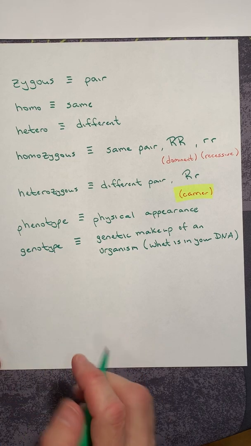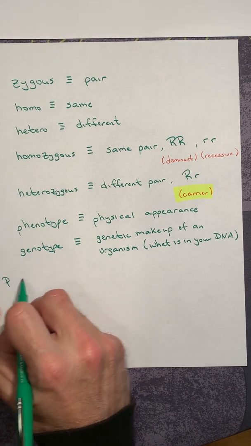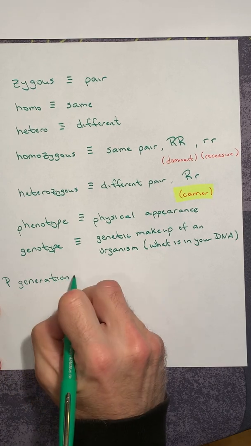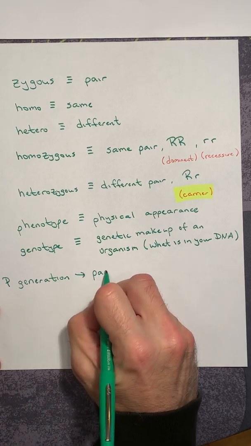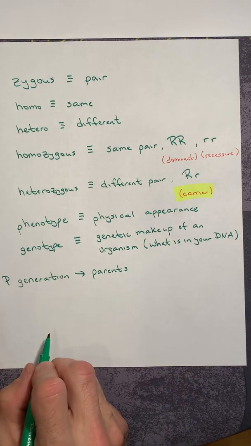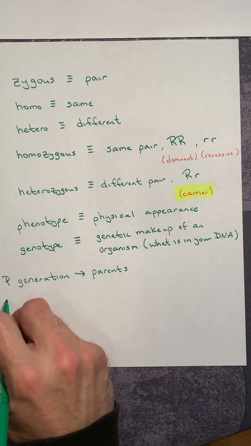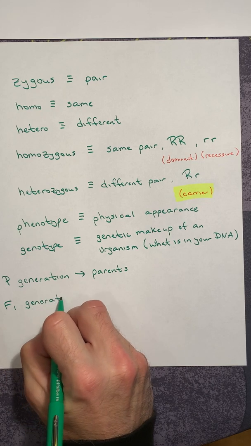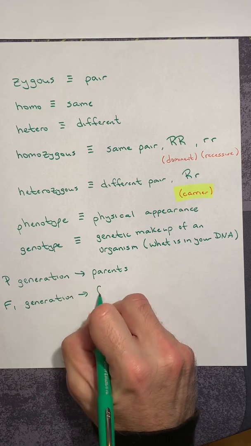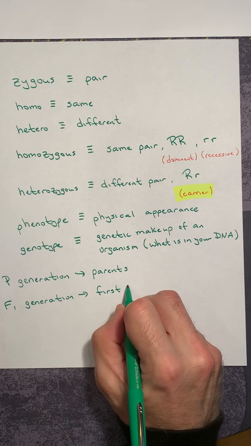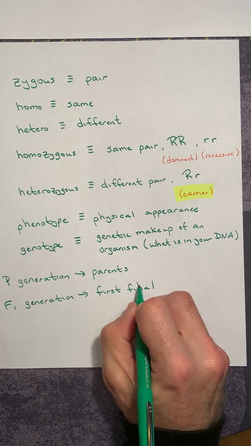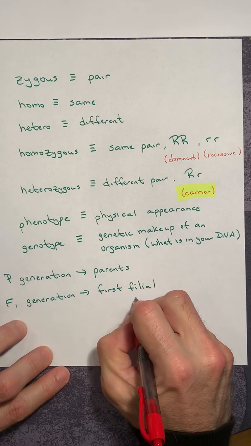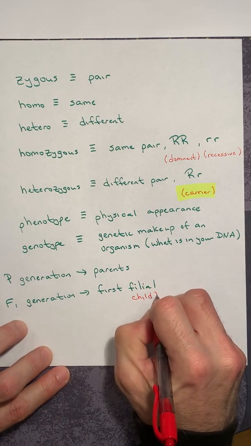All right. Then we talked about the P generation. P for parents. Then the offspring we refer to as the F1 generation. This is the first filial. Filial is a fun word too. Filial meaning child or offspring.